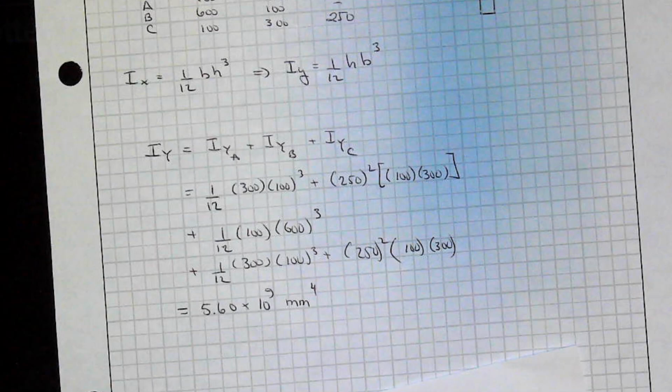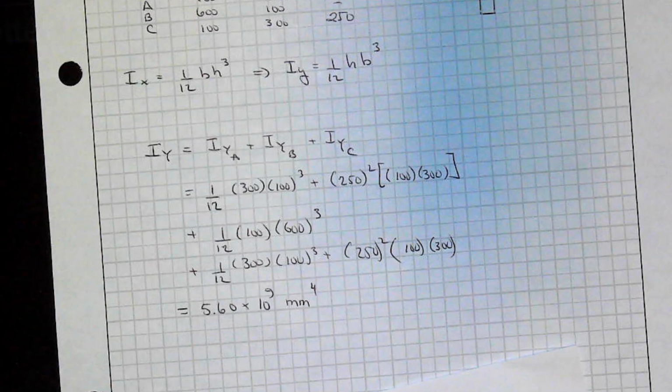So when I go to compute these, if I take A, its centroid would be over here, 250 millimeters off of the centroid of the overall object. So I need to compute it at A's centroid and then move it over. Likewise with C. B's centroid is right aligned with the y-axis, so there is no offset to be concerned about.